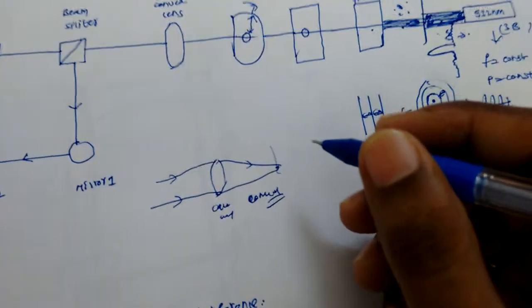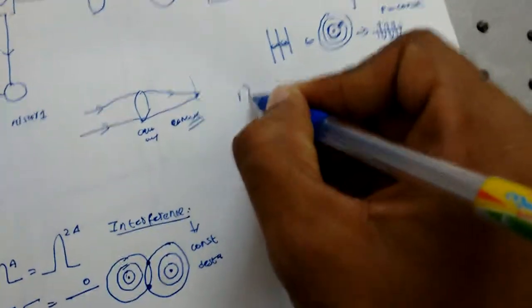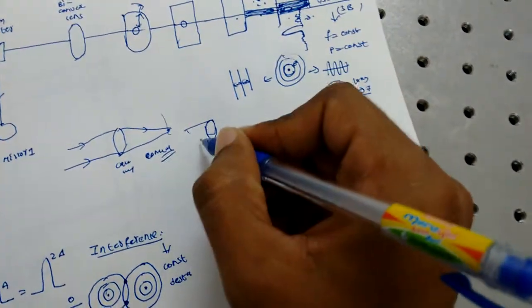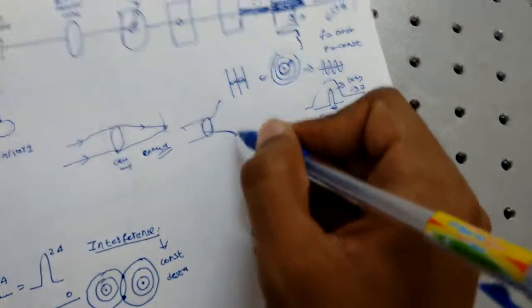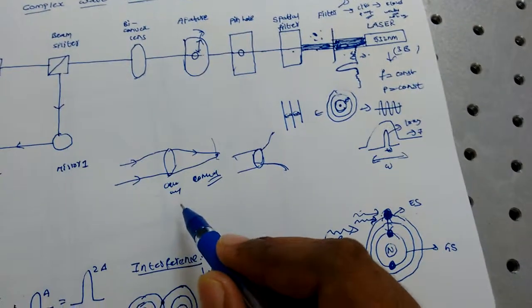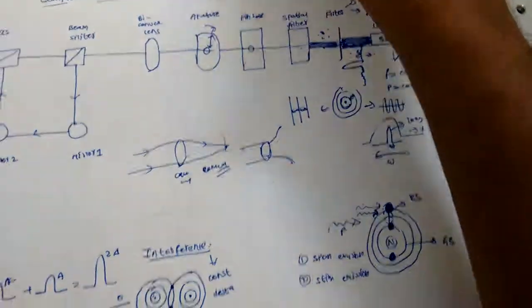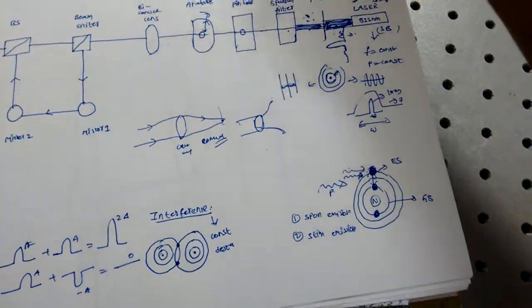Concave lenses are diverging, where the incoming light will travel to infinity. This is a convex lens and this is a concave lens. Convex lenses are converging lenses. Concave lenses are diverging lenses.